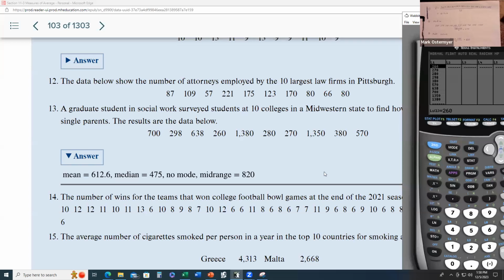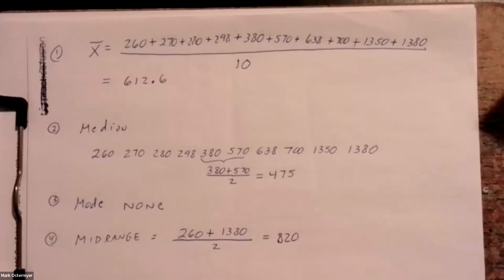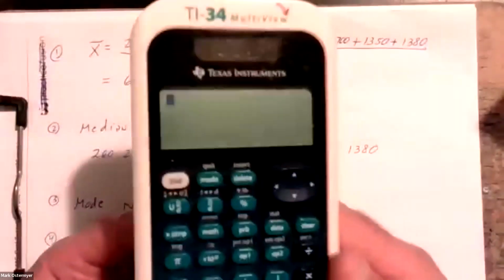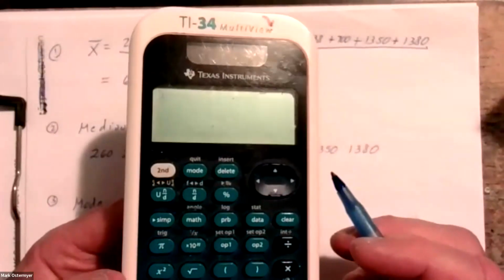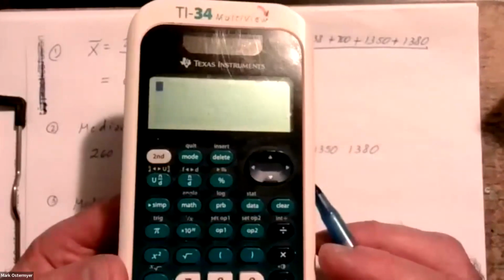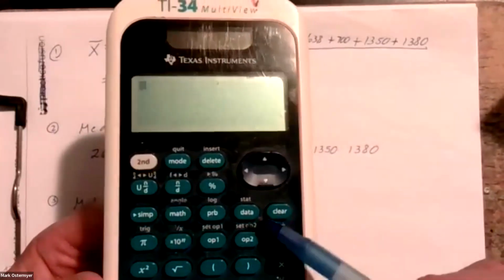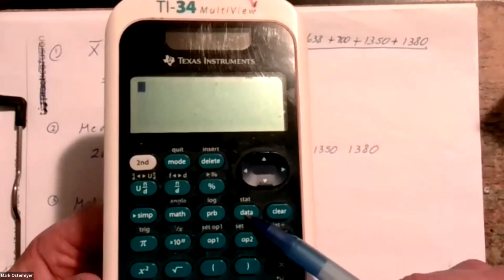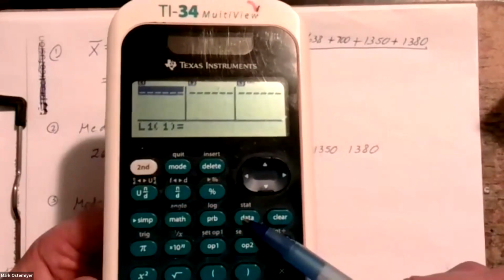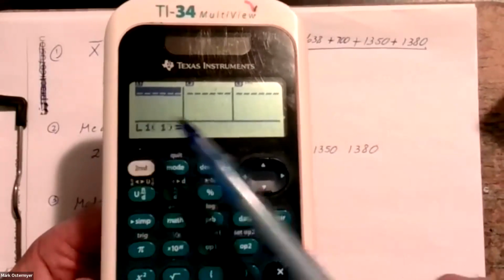Now I was going to show you on the TI-30 or TI-34 how you could find the mean. We might as well use it for this data set here. This works the same way as the TI-30, by the way. This is a TI-34. You've got a button here that says data. You hit your data button to enter data into the calculator, and you're presented with lists.